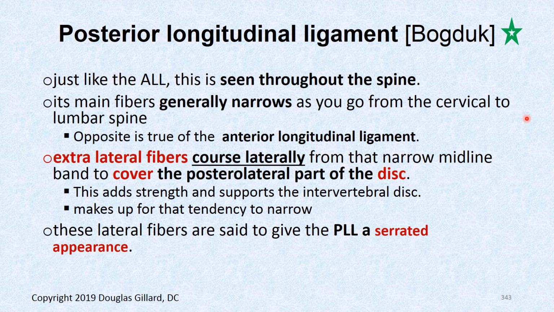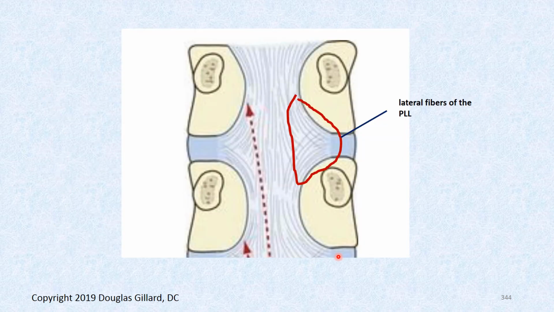They narrow as you go from cervical to lumbar, the width of these fibers. As I said before, it has some extra lateral fibers that go out to make up for that. They're not as strong as the center fibers. The lateral fibers are said to give the PLL a serrated type look. If you look closely at it, it looks like it's chewed up through here.